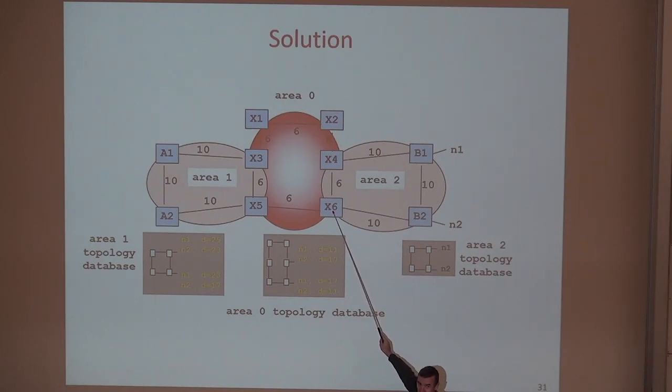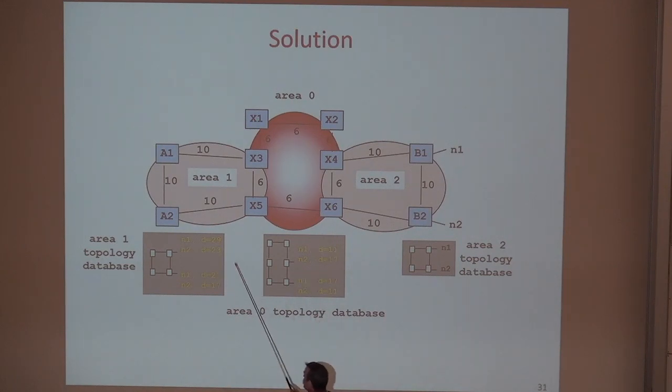X6 does the same thing, but the distances are different. The distance to N2 should be 11, that's correct here, and 17. So X6 will put this in the topology database here. And this topology database with the link state update mechanism is propagated everywhere. So all 6 routers in this area have the same vision here.